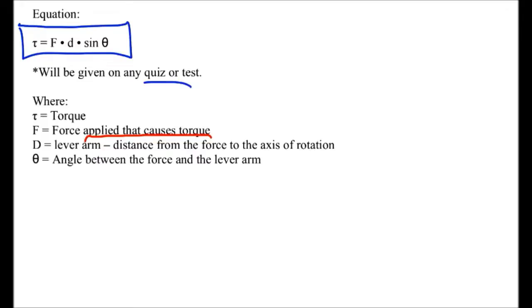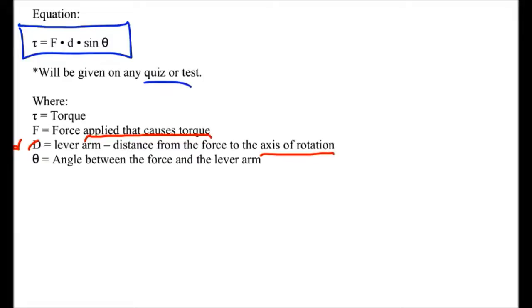The next one, d, is the lever arm. In the equation I have a lowercase d, so let's stick with that. Lever arm is what d is called, and that is the distance from the force to what we call the axis of rotation. That's the point about which we will rotate. And then theta is the angle between the force vector and the lever arm vector.